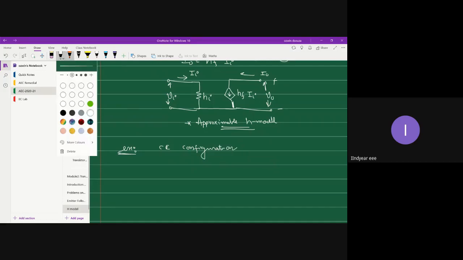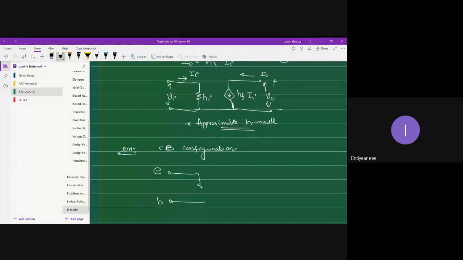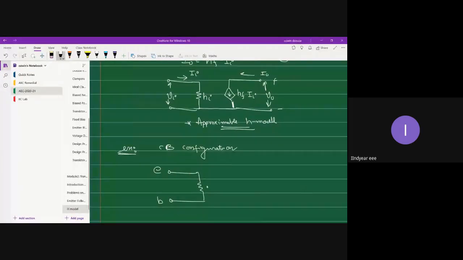For example, if you consider CE configuration, say for example, I'll consider CB because I have already handled a CE configuration while explaining the exact equivalent circuit. Just for a change, let me take CB configuration. If you have taken CB configuration, then your approximate hybrid model would have these terms in it.